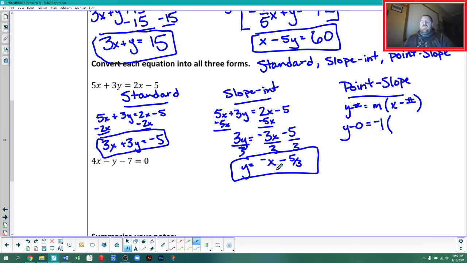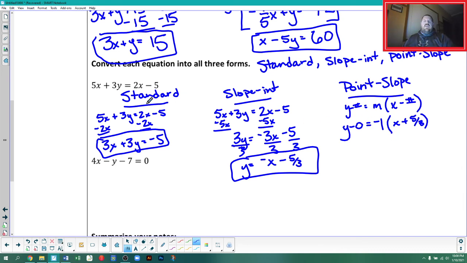Equals -1 is the slope, and all I'm really doing there is factoring a -1 out of this side of the equation, or in other words, dividing -1 by both of those pieces. And since there was no requirement that nothing in here could be a fraction, I'm going to stick with the 5/3.